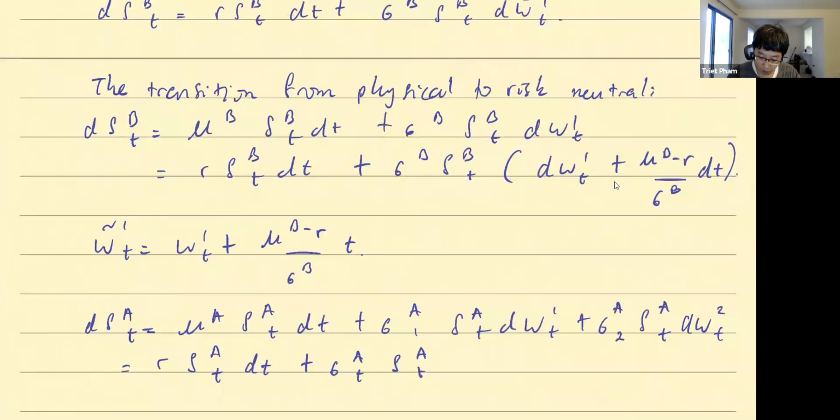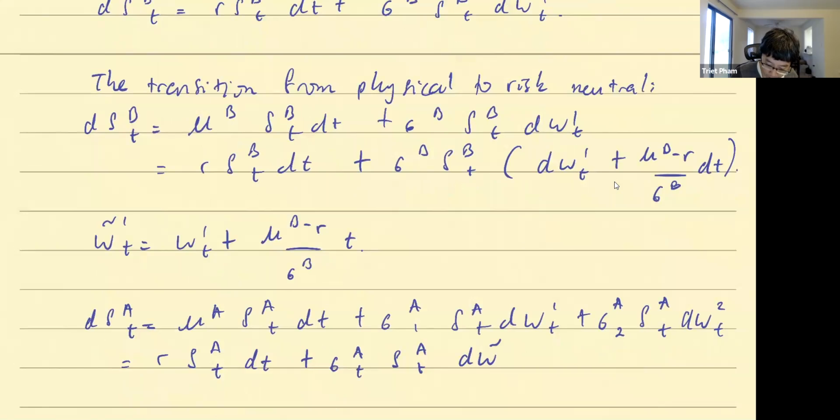So if you want W tilde 1, let's put it there first. But then what do you need to compensate? Notice that first of all, to go from W tilde 1 to W1, you must subtract this. So subtract mu B minus R over sigma B dt.